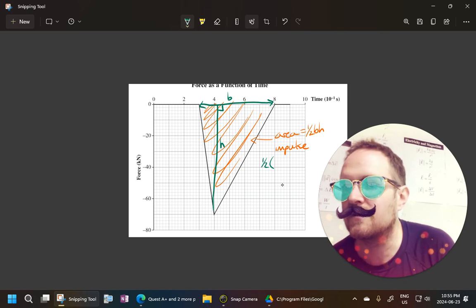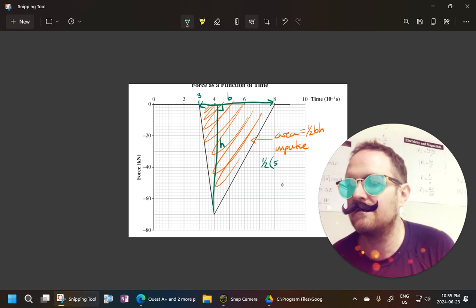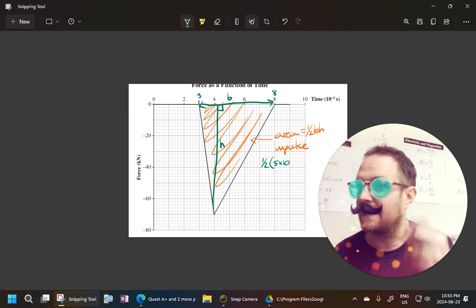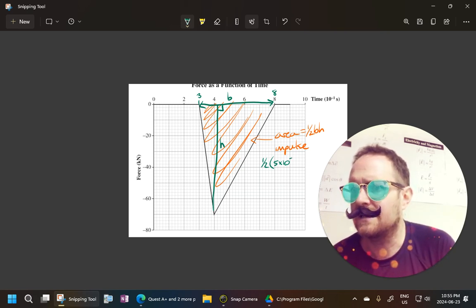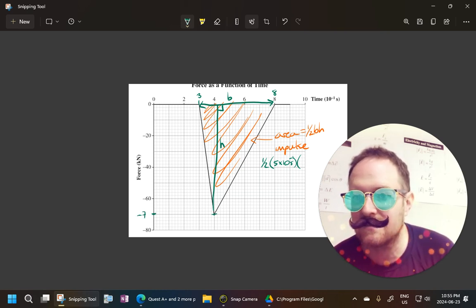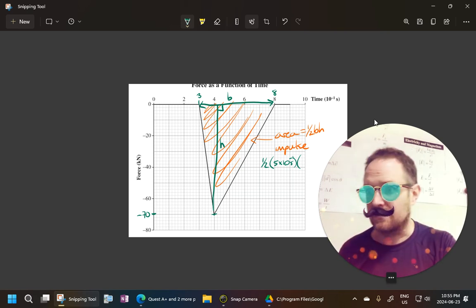So my base is going from 3 over to 8. So that's 5 times 10. So if I do the math here, 8 minus 3 times 10 to the negative 1. All right. And my height is going all the way up to 70, technically negative 70. All right. But 70 to 0.